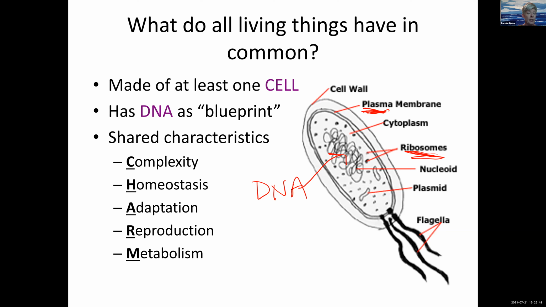And so it has slightly different characteristics, and we can sequence its genome and we can see that it's different from other strains of the virus and that it has different characteristics as a result of that. So viruses are tricky because they have complexity and they can adapt, but they can't do homeostasis, reproduction, or metabolism by themselves. They need to have a host in order to accomplish those tasks.